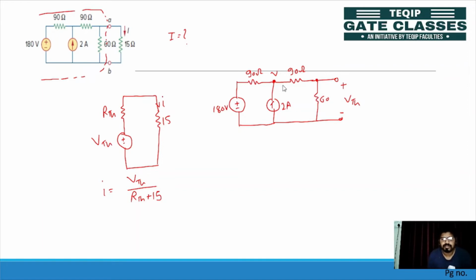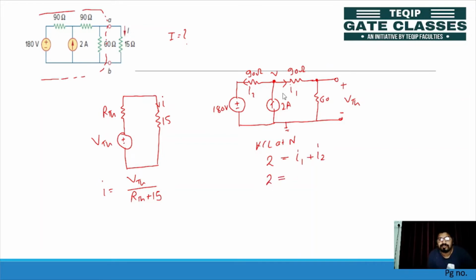Taking reference this node, we are assuming a current I1 here and current I2 here. Apply KCL at node. So incoming current is equal to outgoing current. Incoming current is 2 ampere, and outgoing current is I1 plus I2.